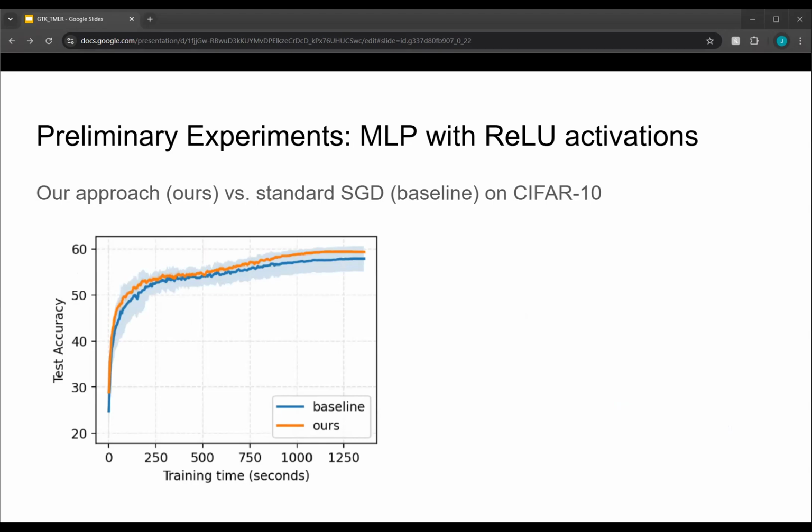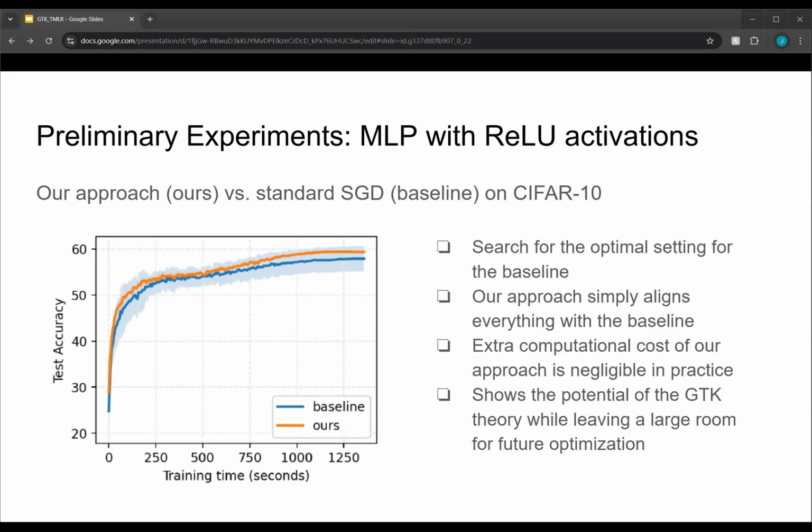We have applied this approach to MLP with ReLU activations. In our preliminary experiments on CIFAR-10, our approach works slightly better than the SGD baseline. While this empirical advantage seems marginal, it is worth noting that we have searched for the optimal settings for the baseline while simply aligning our approach with the baseline.